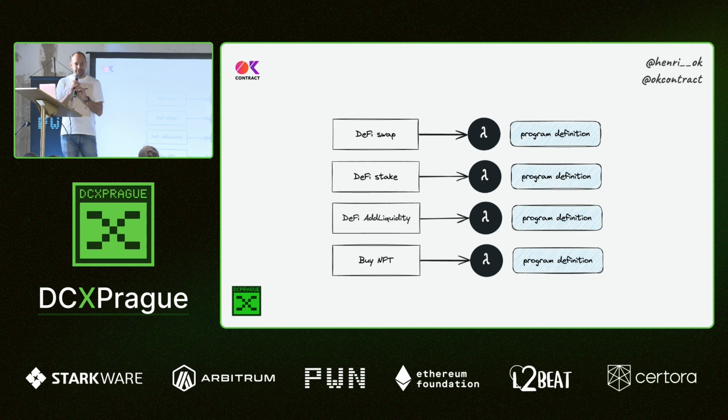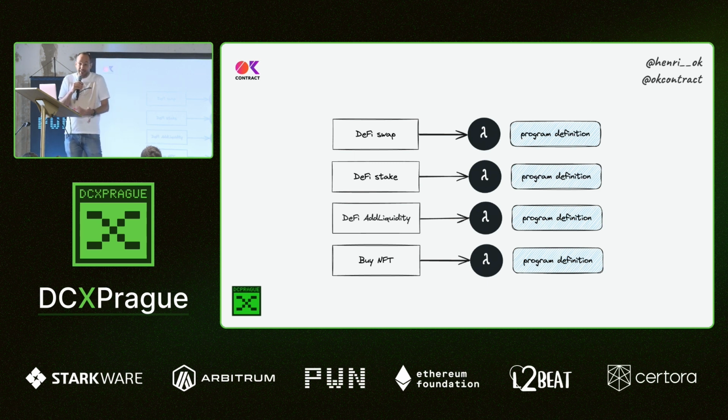But getting back to the decentralized nodes part. What we have right now is a way to properly define any kind of EVM interaction. So it could be a DeFi swap. We have a Lambda script program, an ID for that. Staking in some DeFi pools, adding liquidity, or buying NFTs or accessing NFT utility, or really anything, because it's a purely functional, Turing complete language.